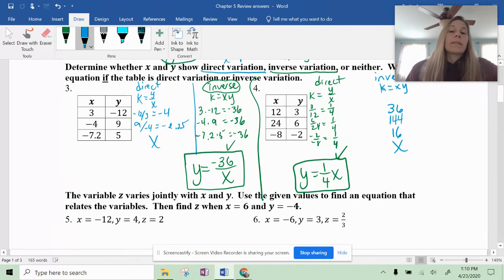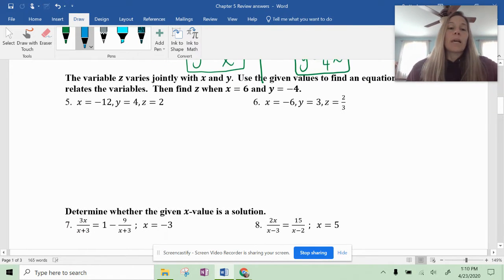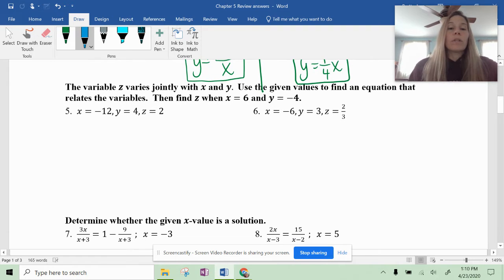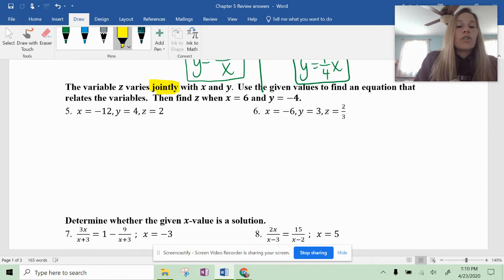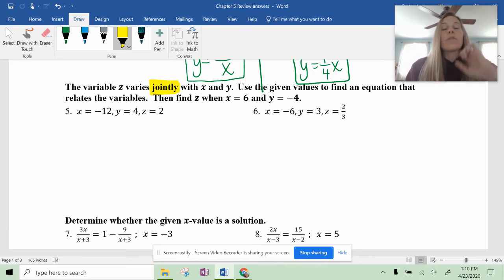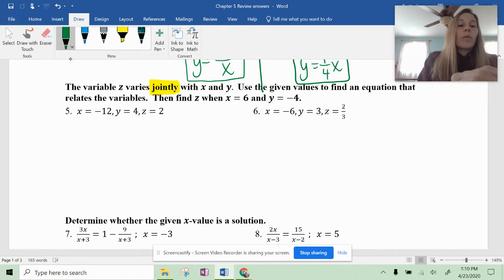Okay, so then the next thing from that first section that we did in chapter 5 is joint variation. Joint variation is just a little bit more complex version of the direct variation because there's more than just one thing being multiplied to that constant. So if we remember our equation for joint variation, again, you can look this up in your notes, it was z equals k times x, y.